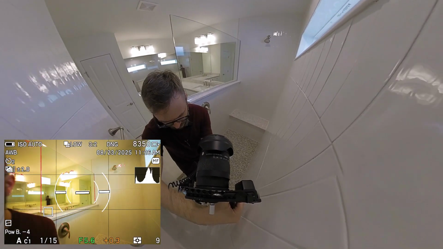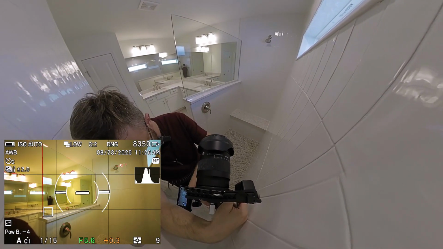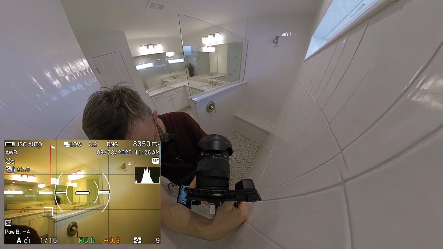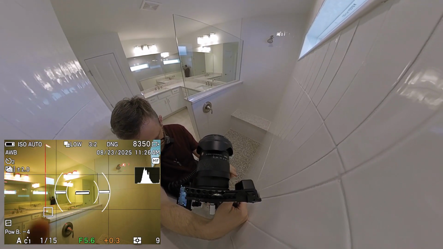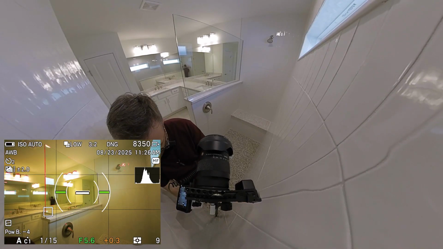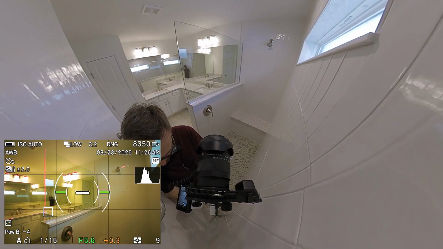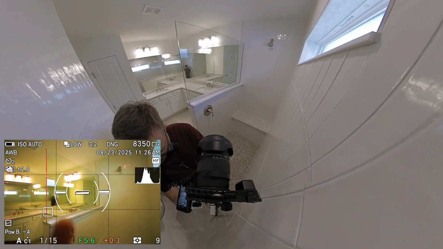So I'm gonna make this tighter, okay? This gives me a little bit more panning room here. And I did that so that I could include the sink here in its entirety. And perhaps I can raise this a little bit more to reveal this sink.